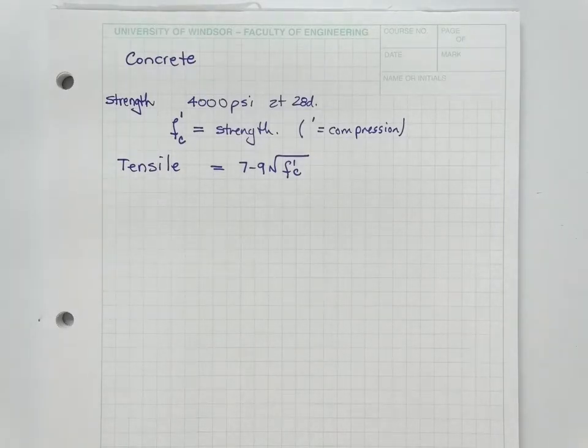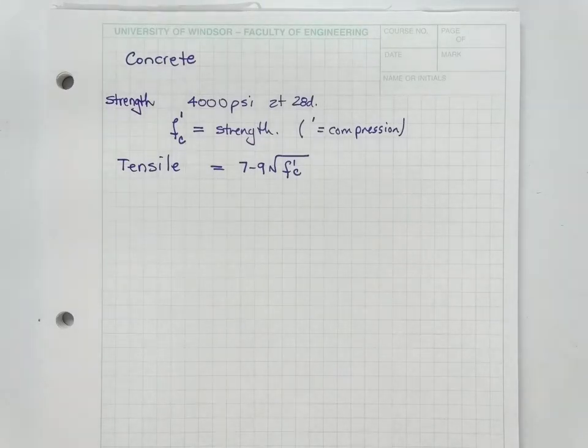So, 7 to 9 times the square root of the compressive strength. As a rule of thumb, concrete only has about 10% of its compressive strength in tension. That's not good. So if you get concrete of 4,000 PSI at 28 days, and if we assume it's 8 times the square root of 4,000, what's that? So this is lesson number 1.